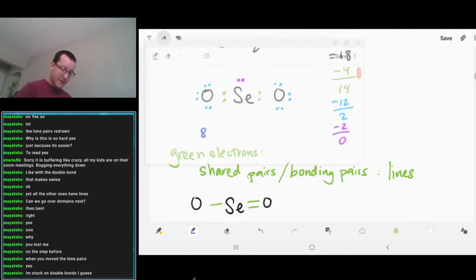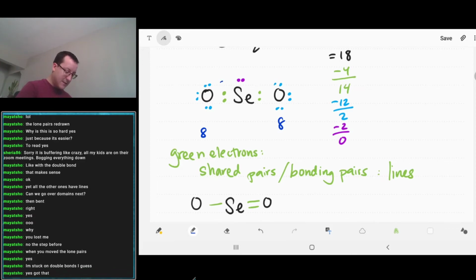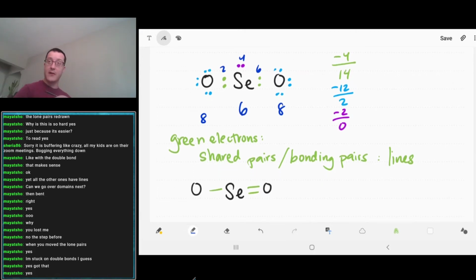The other oxygen, same thing. So if we look at selenium now, selenium has 2, 4, 6 electrons only, and so selenium doesn't have enough. That's why we make the double bond.